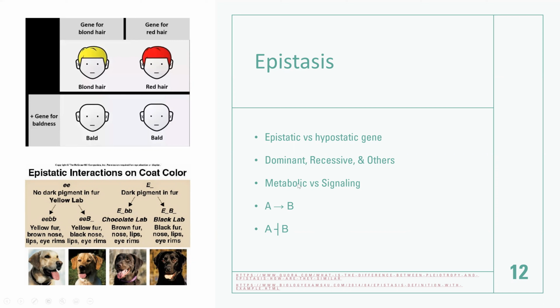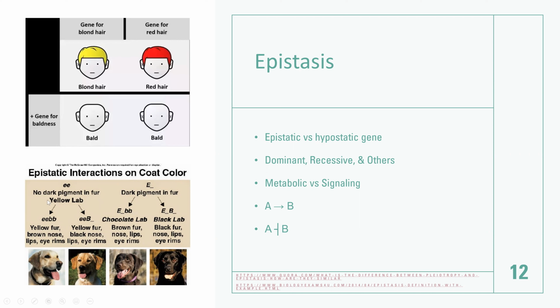What we see in metabolic is, like the second to last bullet on the slide here, that each gene or protein activates the next one in the pathway. And that means the upstream gene, or gene A in this case, is always hypostatic to the downstream gene, or gene B. And you'll see that in the Labrador image over here, because it is a metabolic process where you create the specific pigment for the Labrador.